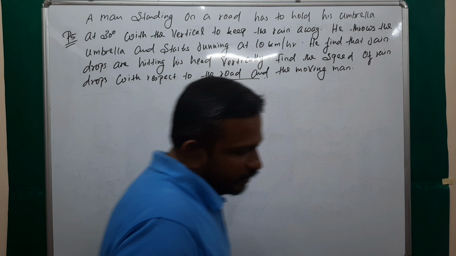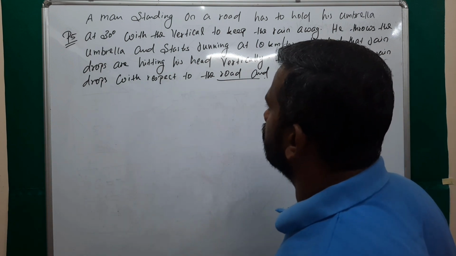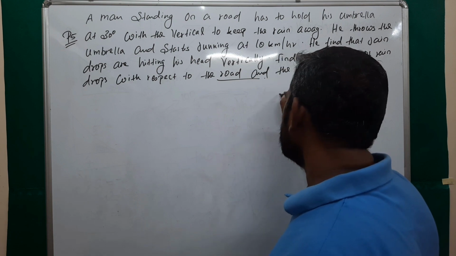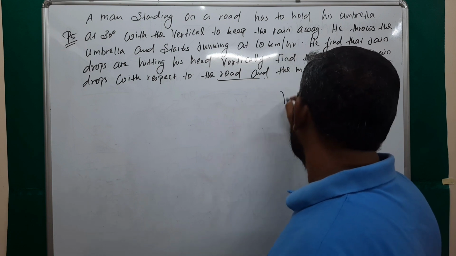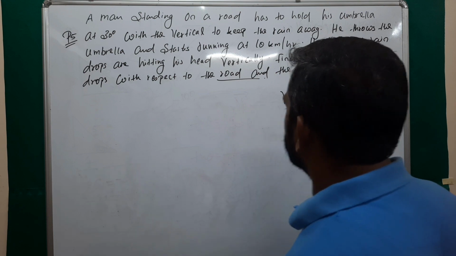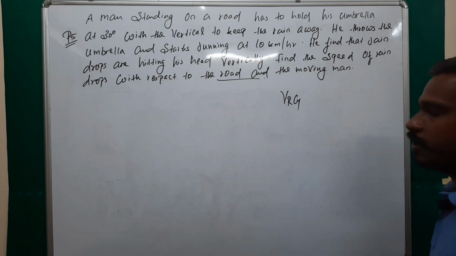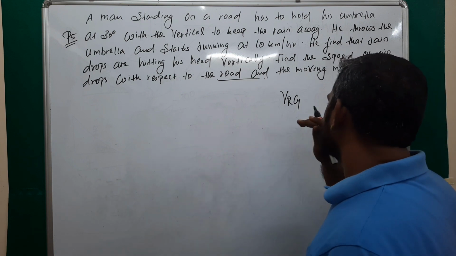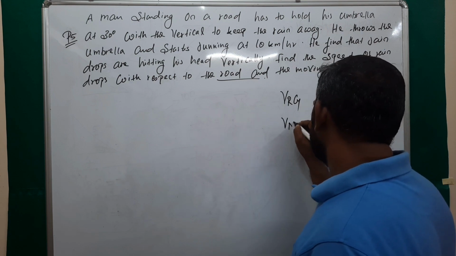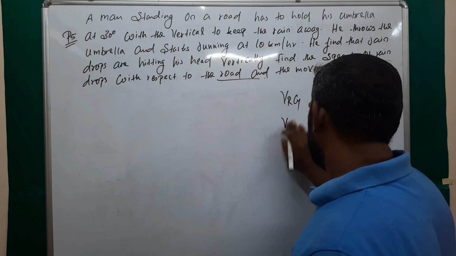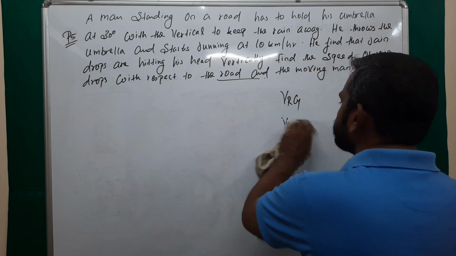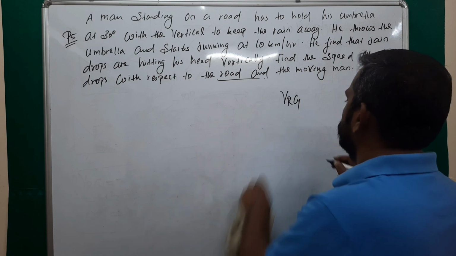So here we have to find the velocity of the rain with respect to the road, which means the velocity of the rain with respect to the ground. So what is the formula?